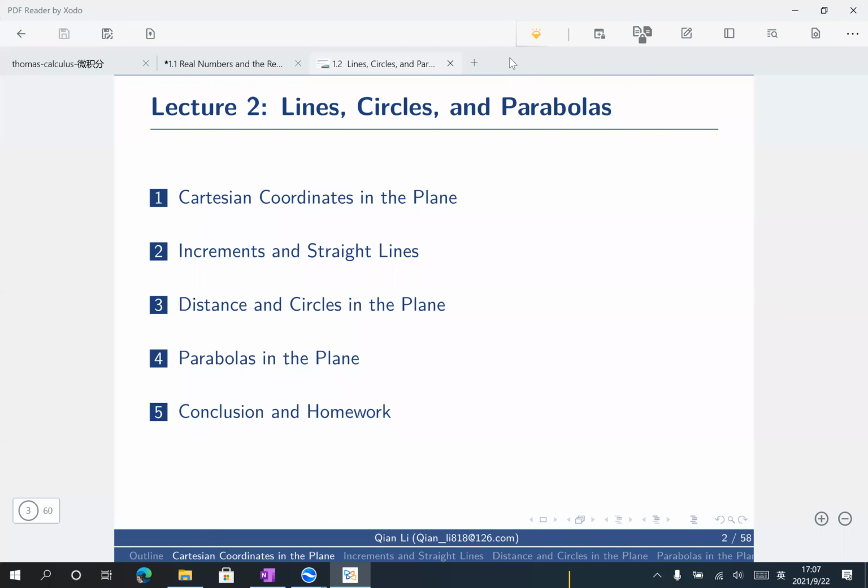Now we study lecture 2, and this lecture is divided into 4 parts. The first one is the Cartesian coordinates in the plane, and the second is increments and the straight line, and the straight line is important.